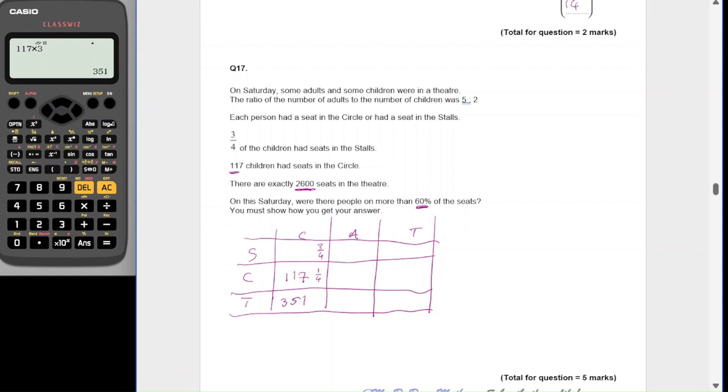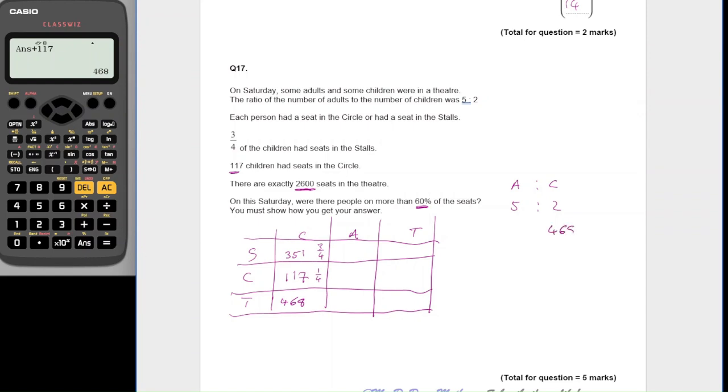And we're told that the ratio of the number of adults to children was 5 to 2. I put that in the wrong place, 351 there. So the total number of children is going to be that value plus 117. Could have just times it by 4 instead. 468.